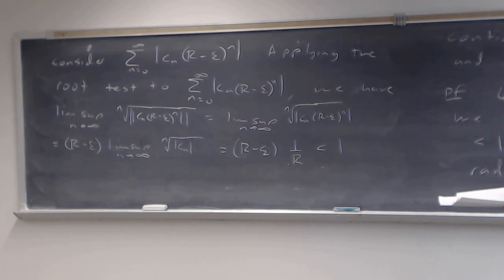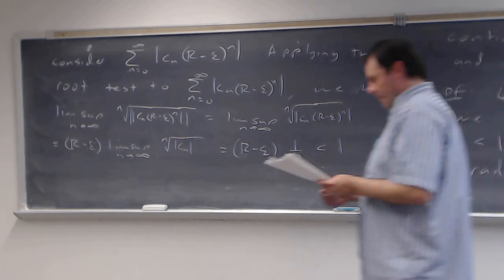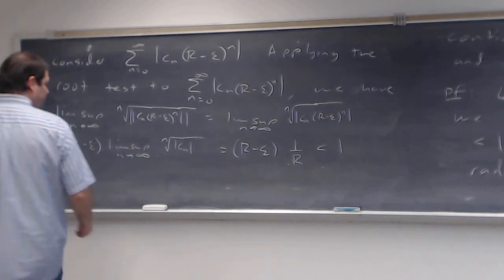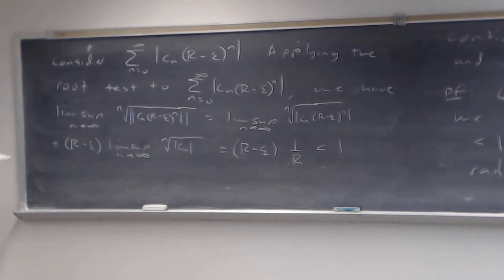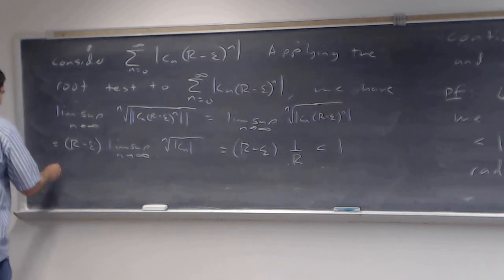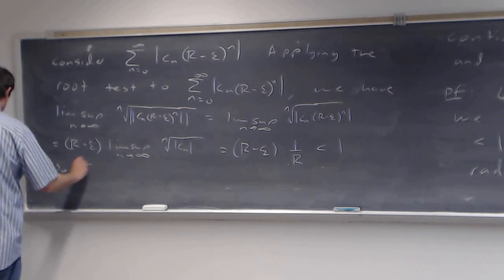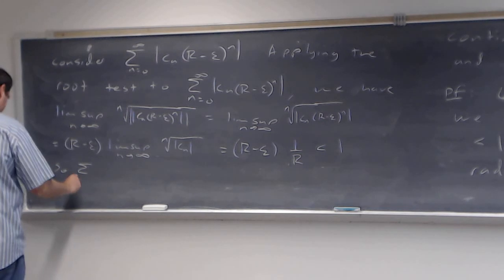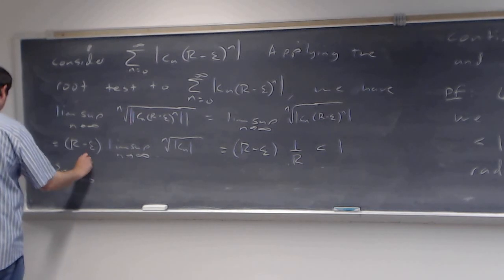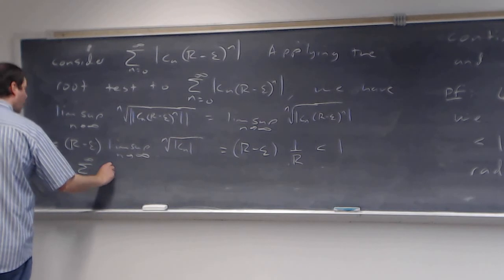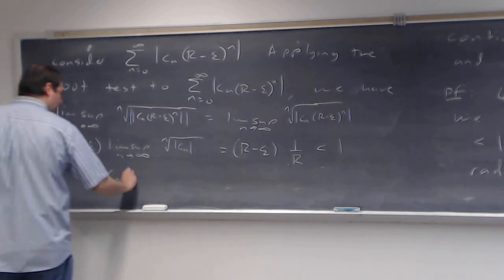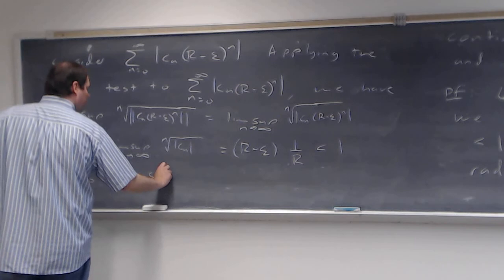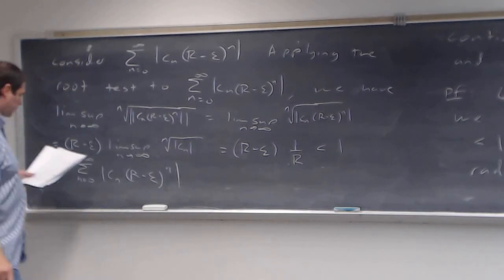And so that's less than 1. So what we get is that the sum as n runs from 0 to infinity of c sub n times r minus epsilon raised to n converges.